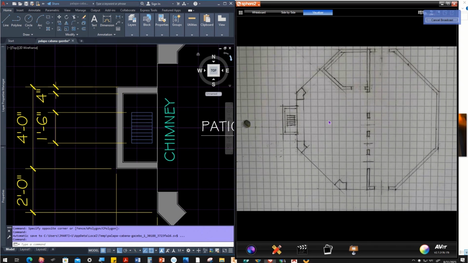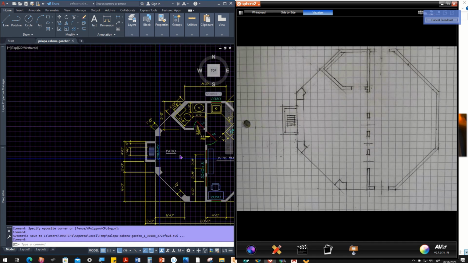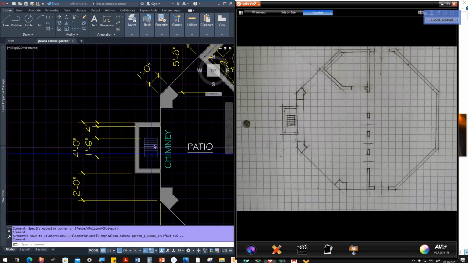Bueno, I explained that you needed to add this C-shaped wall around the back of the palapa, the patio, and then draw approximately, well, here you have a dimension that you need to center, and a rectangle.